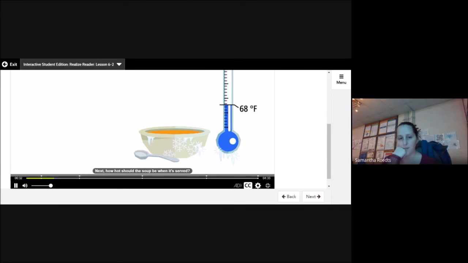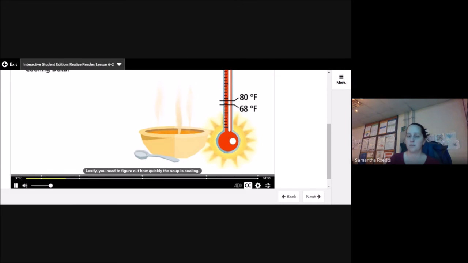Next, how hot should the soup be when it's served? Randy would like the soup to be about 10 to 15 degrees above room temperature, or around 80 degrees Fahrenheit. Lastly, you need to figure out how quickly the soup is cooling.